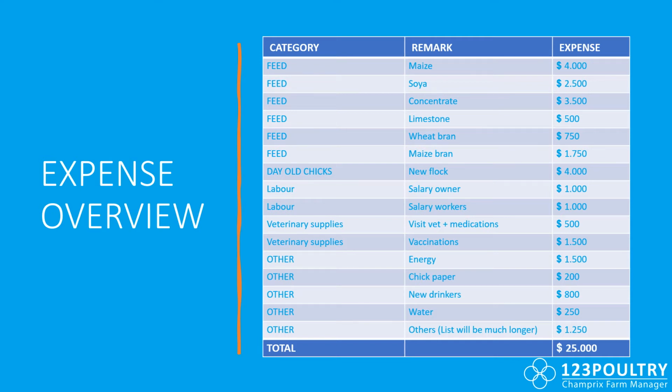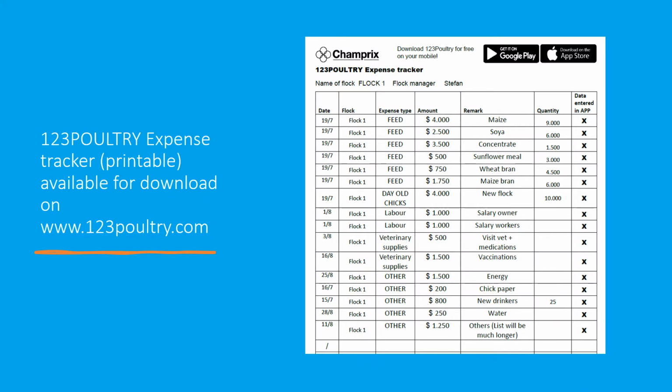In the next slide we will show you the 123 Poultry expense tracker. This is a printable form which you can find on 123poultry.com. It's a little bit more extended with the date, the flock. So if you made these expenses for a specific flock, you could assign them to them.